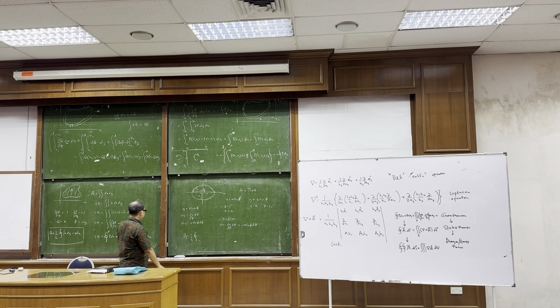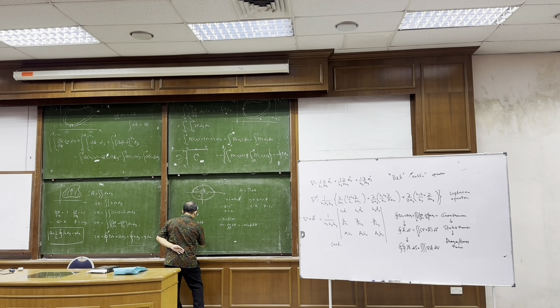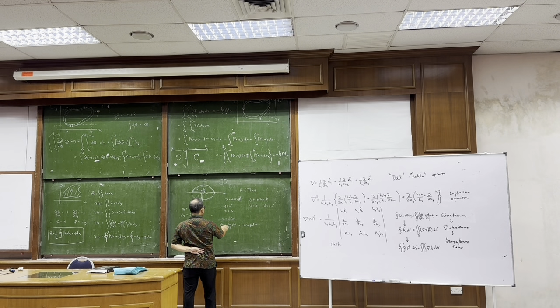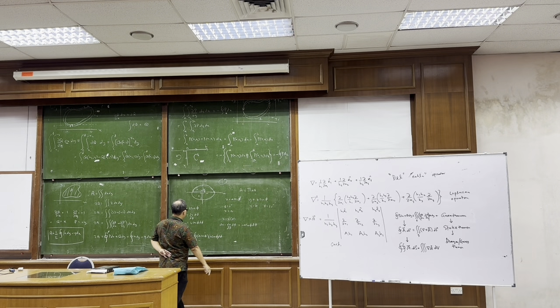Now plug into this. x dy: x is a cos phi, multiplied by dy, which is b cos phi d phi. We take d phi out, so a cos phi times b cos phi d phi.